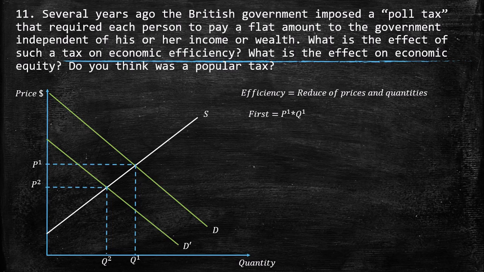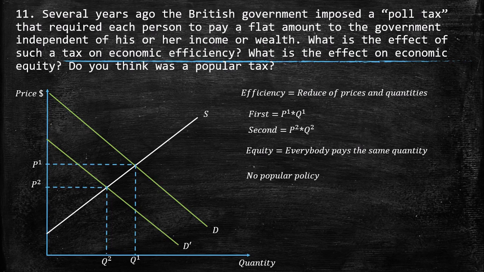So what is the first case? In the first case we have P1 times Q1. It was the traded amount. But in the second case we have just P2 times Q2. What about equity? Everybody pays the same quantity. So what does it mean?